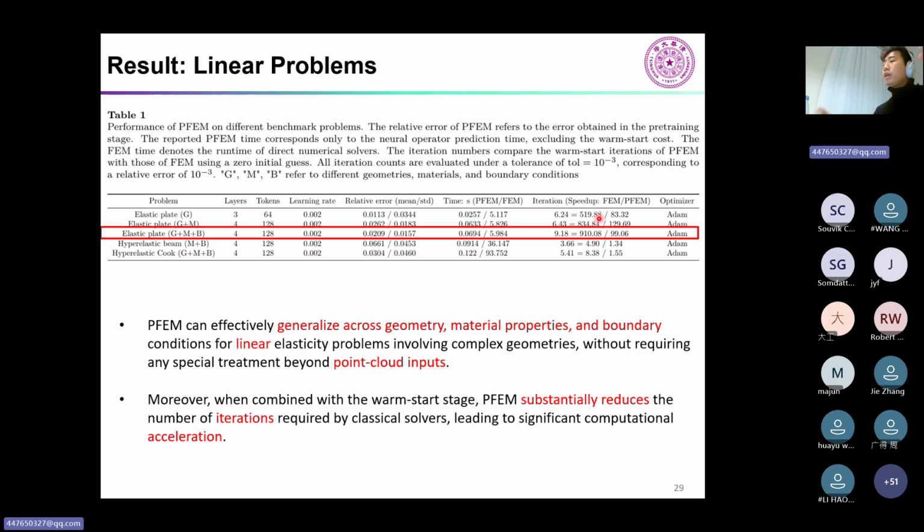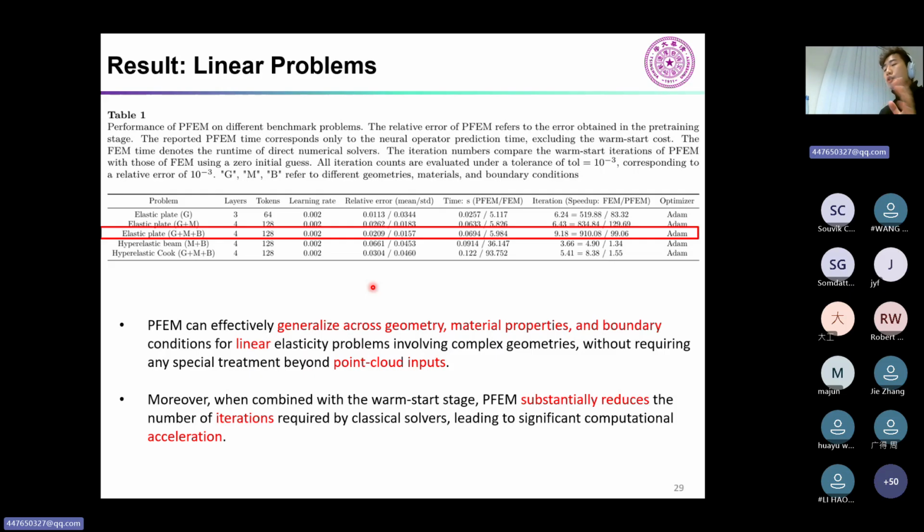However, in our method, we only use 99. So the speedup is amazing, about 9.18, and our error is also very small. It's only 2%.